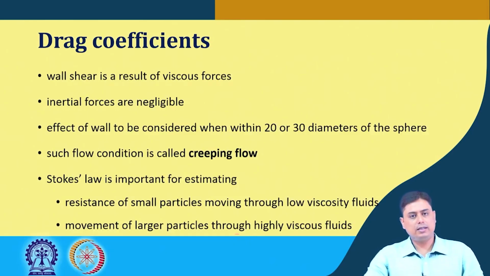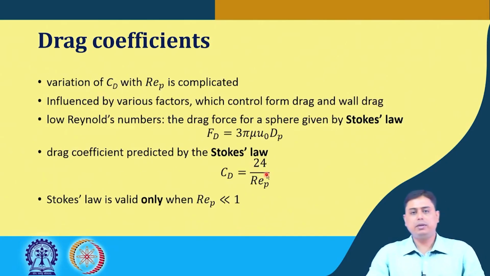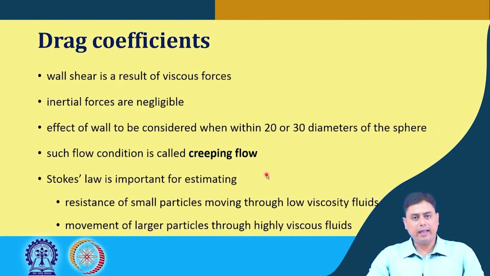Let us see what happens to wall shear in such cases. In Stokes' law, a typical example that you have possibly already seen is a spherical particle falling in a stagnant pool of liquid. In that case, the wall shear is a result of viscous force. Inertia forces are negligible, and the effect of the wall has to be considered if the walls are within 20 to 30 diameters of the sphere.